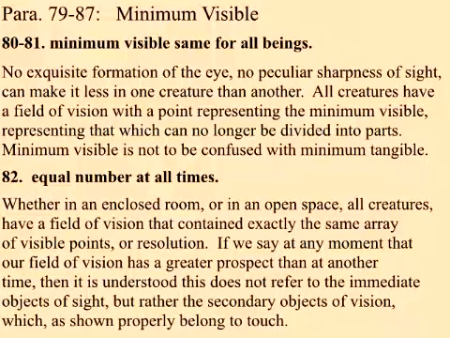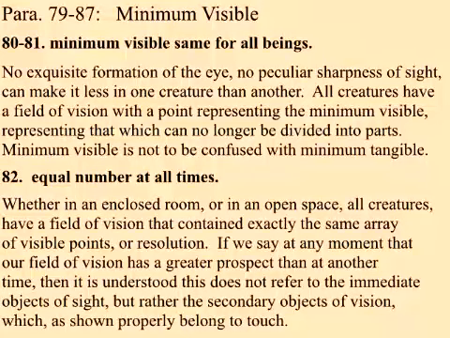Because whether you are looking in an open field or whether you're closed in a small room, the resolution of your visible field is the same. It contains the same number of minimum visible or minimum points.